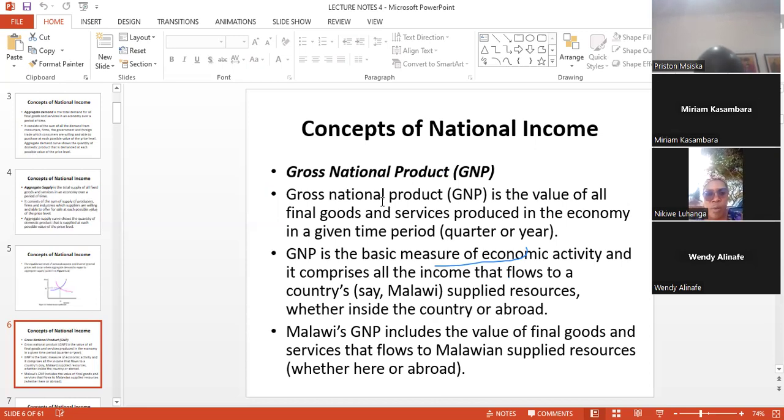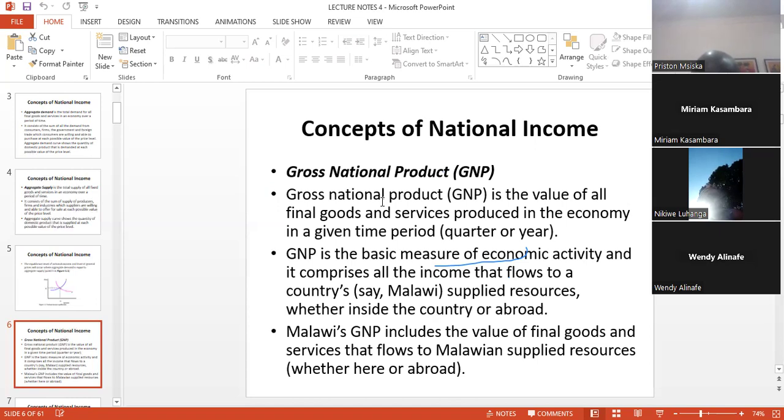In contrast, gross domestic product refers to all products that have been produced in Malawi, regardless of who is producing them. So we don't care whether it's an expatriate, whether that labor is not a Malawian labor. We don't care whether that company is not a Malawian company.